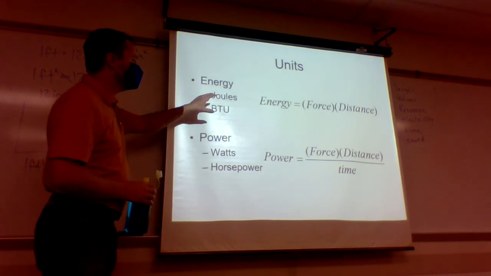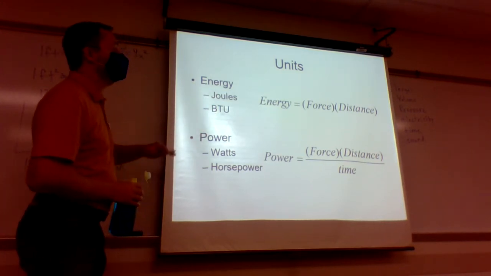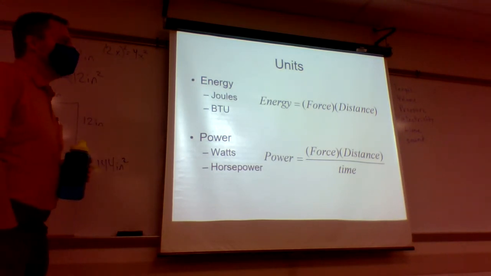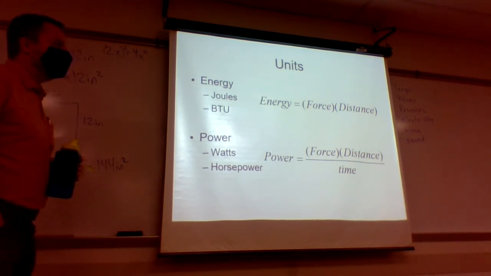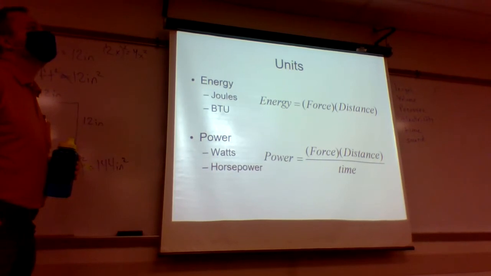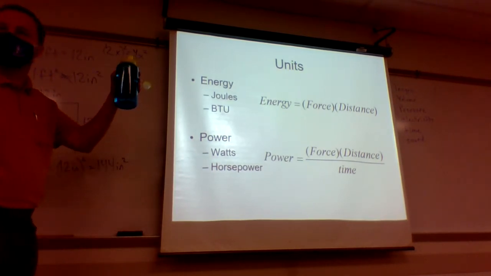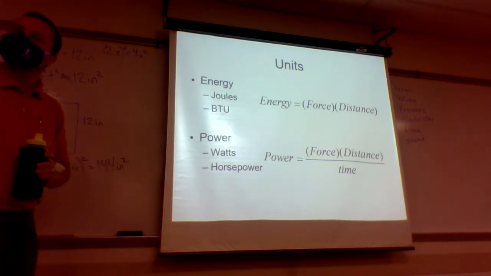The joule, of course, is the SI unit. The British thermal unit, the BTU, that's one of the few English units I can say has some scientific basis. The British thermal unit is the amount of energy required to increase the temperature of 1 pound of water 1 degree Fahrenheit.